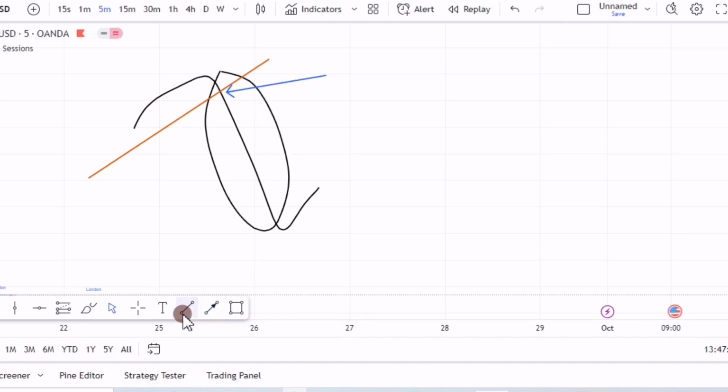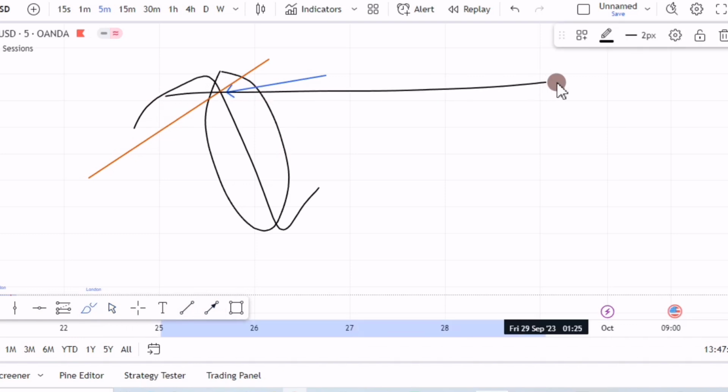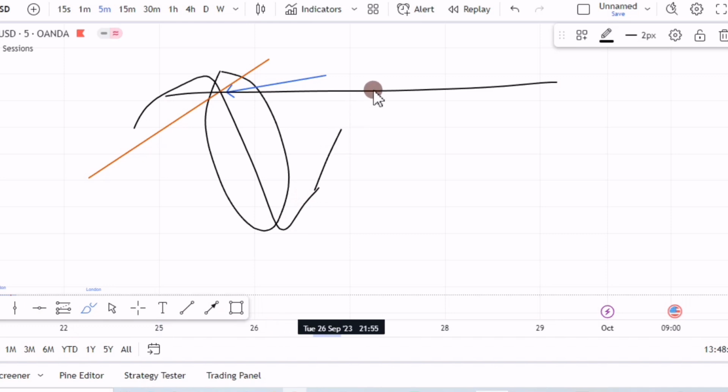So if you extend this area where price broke out when making this downtrend, know that the breakout right here is coming to test that region. Okay, I once said that in my previous video.